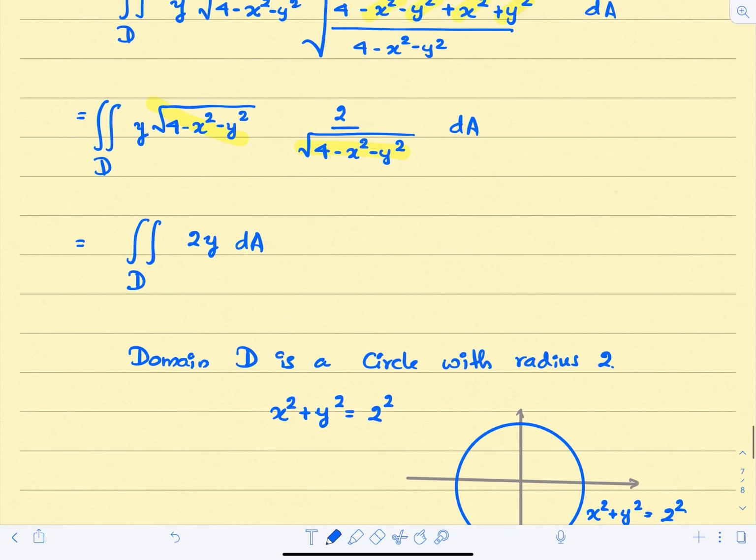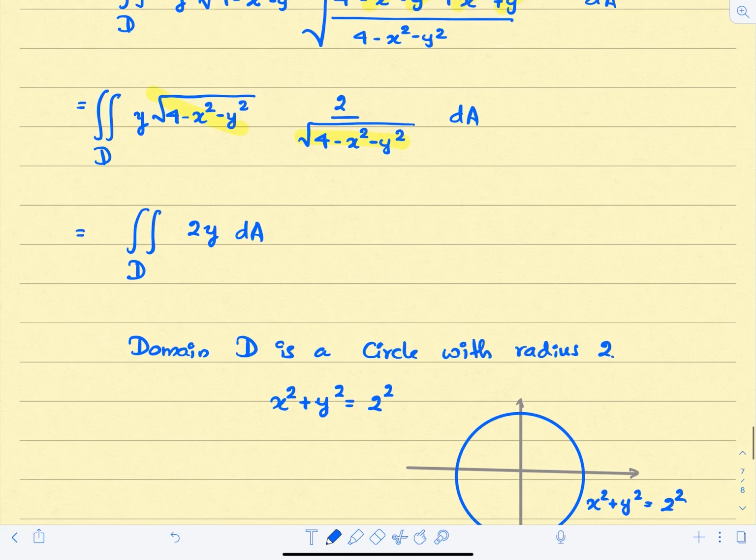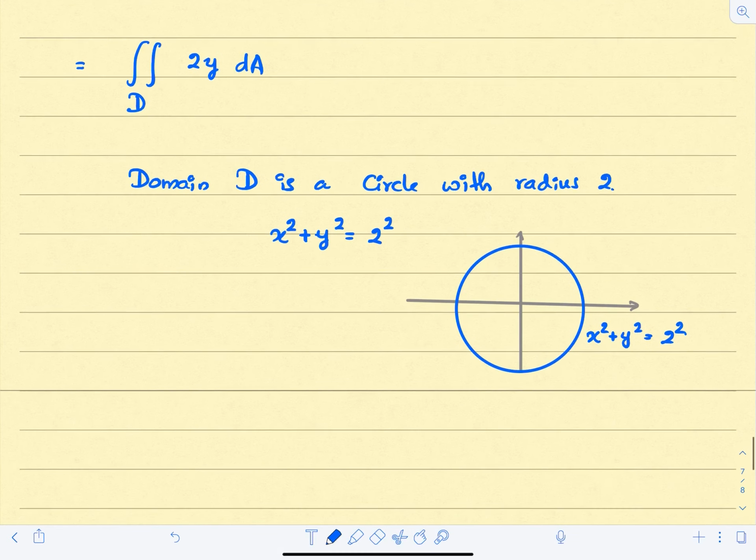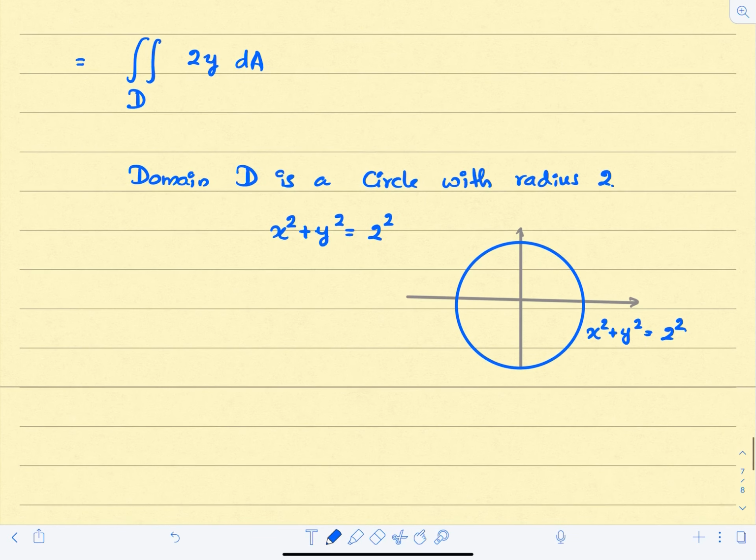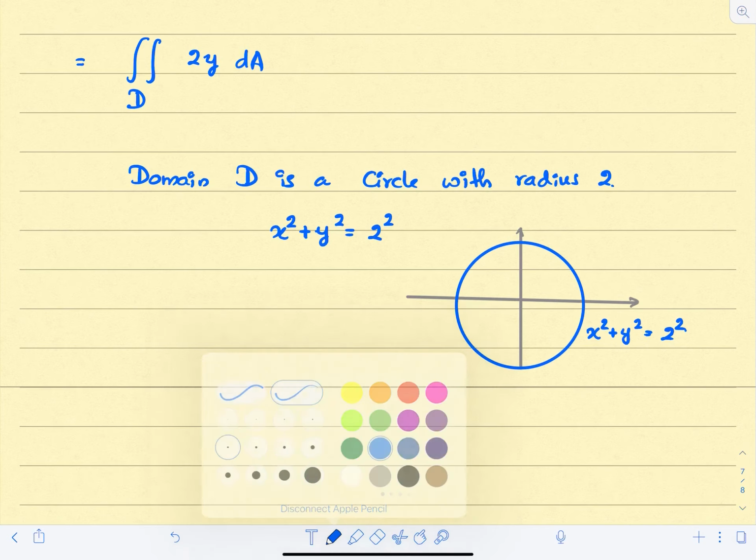Now we need to solve this double integral. I think it is easy to use polar coordinates to solve this double integral, because the boundary of my domain is a circle with radius 2.